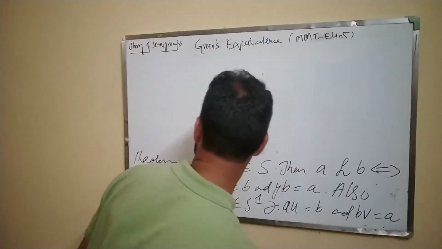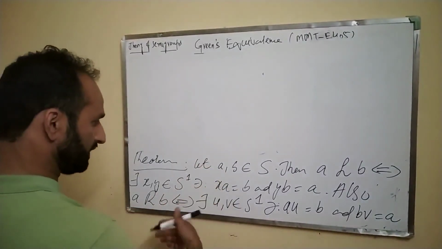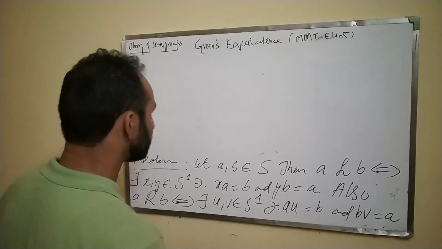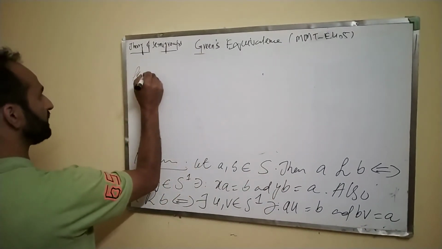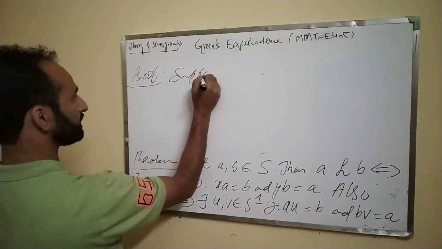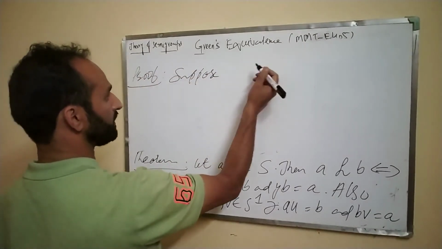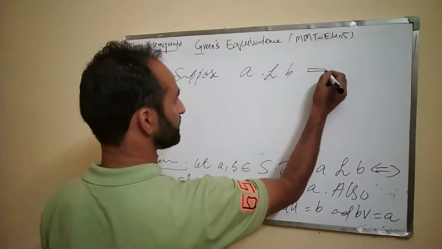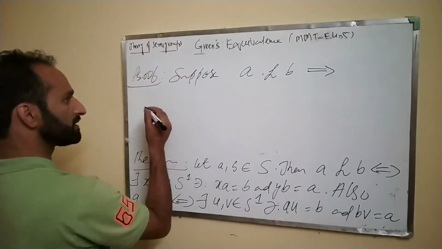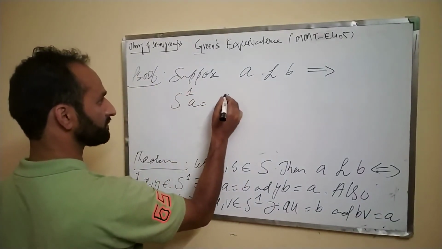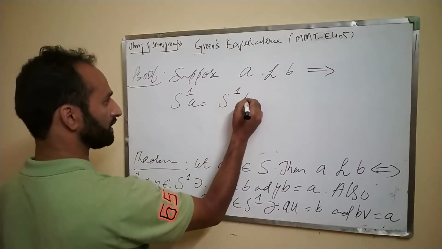Okay, so let's do it. I will prove one part, say L. Suppose A is L related to B. This implies S1A is equal to S1B.